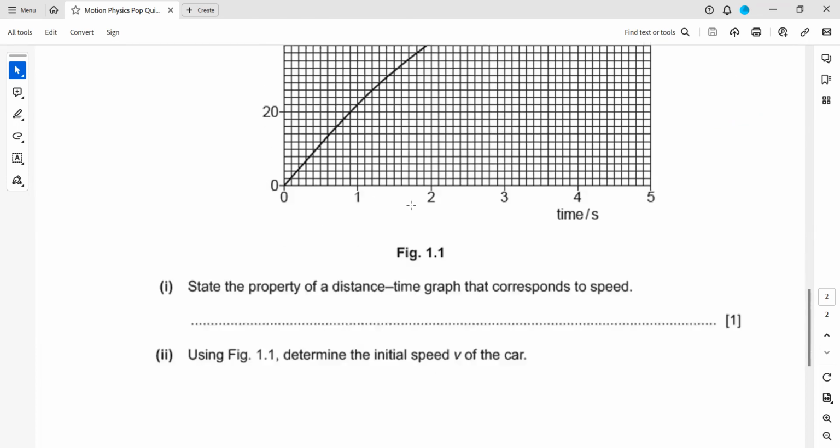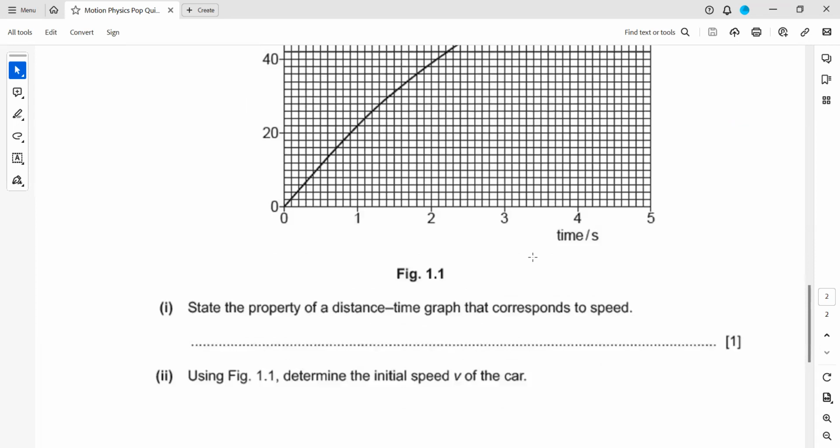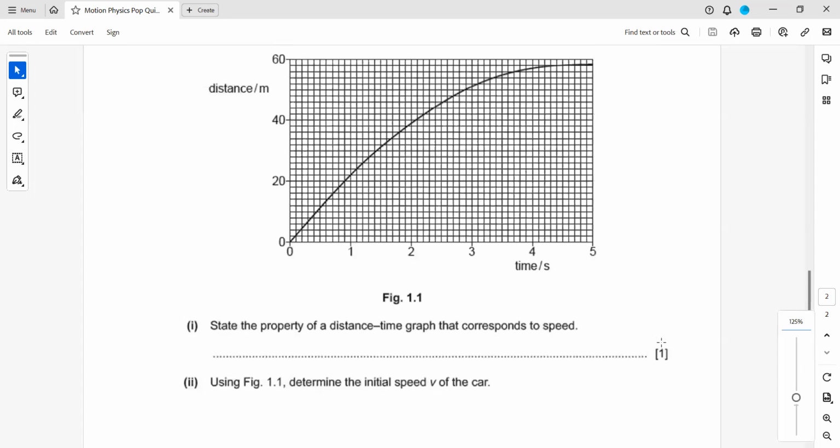State the property of a distance-time graph that corresponds to speed. So what corresponds to speed? The gradient or the slope of this graph corresponds to the speed. In Figure 1.1, determine the initial speed.